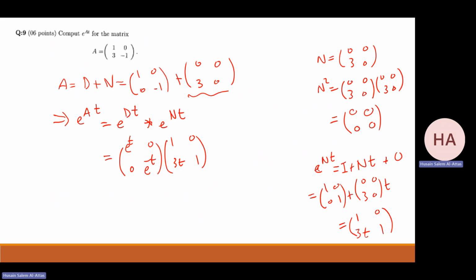Now do the multiplication. That will be e^t, 0, 3t e^-t, and the last one e^-t. And that will be my exponential matrix. Clear.